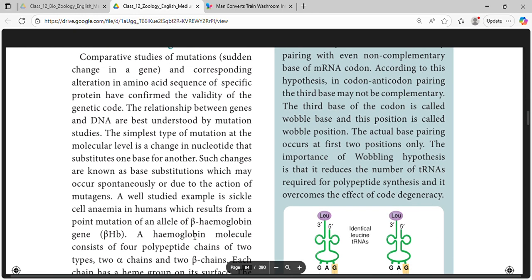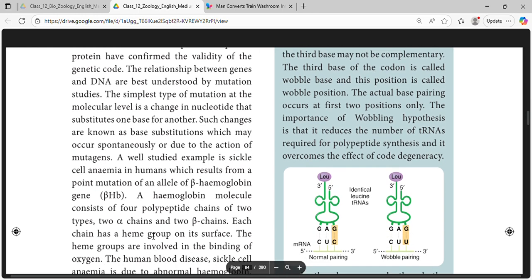A well-studied example is sickle cell anemia in humans, which results from a point mutation of an allele of the beta hemoglobin gene, HBB. A hemoglobin molecule consists of 4 polypeptide chains, two alpha chains and two beta chains. Each chain has a heme group on its surface. The heme groups are involved in the binding of oxygen.